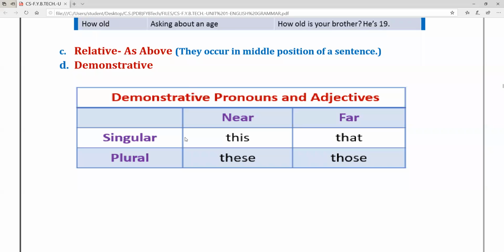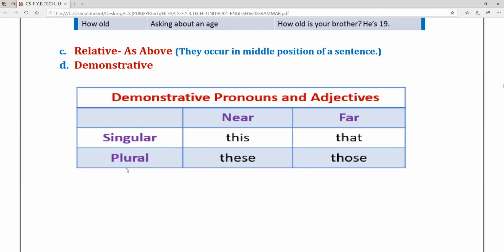Then demonstrative pronouns and adjectives. So this, that, these, those, these are the 4 demonstrative pronouns and we can also use them as adjectives. आपण त्यांचा प्रोनाउन म्हणून सुद्धा यूज करू शकतो आणि ऍडजेक्टिव्ह म्हणून सुद्धा.